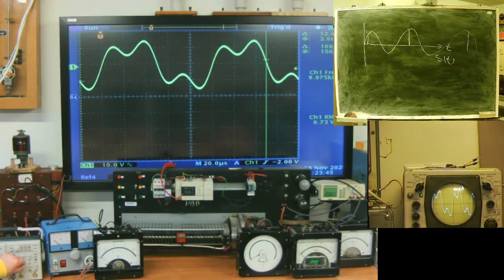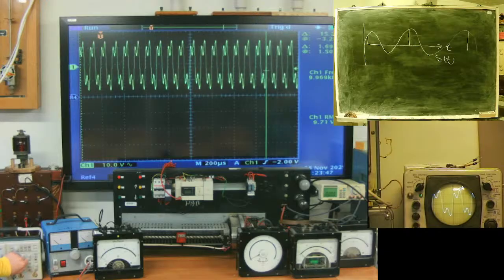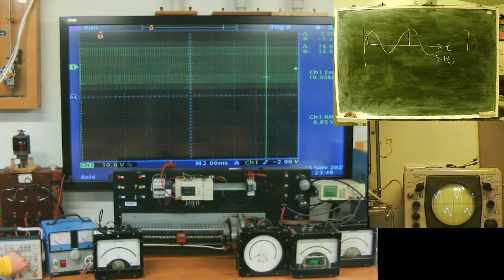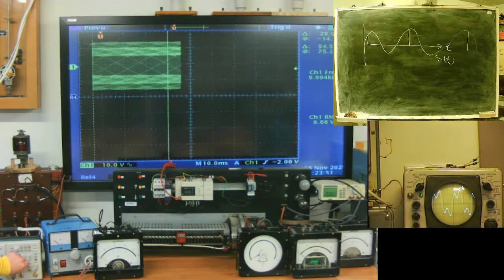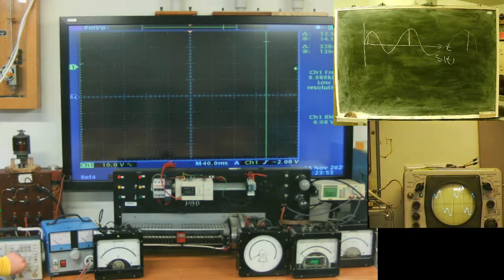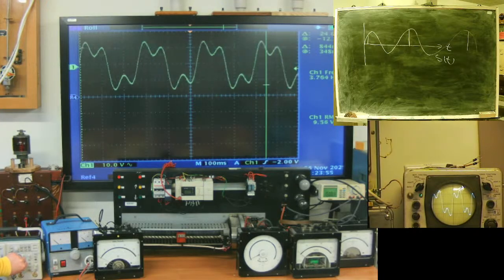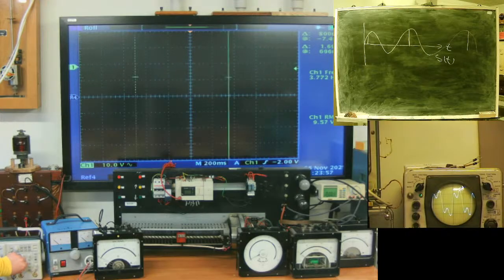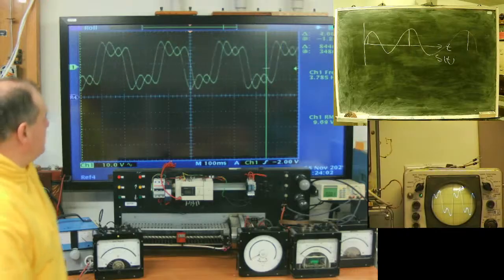If I change the sampling rate above the Nyquist frequency.